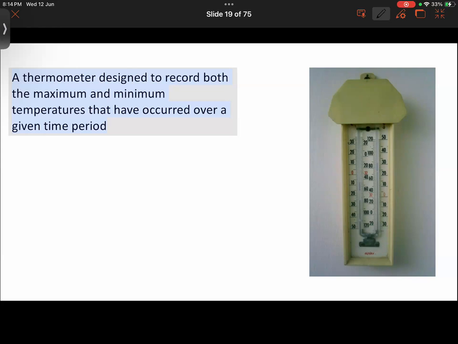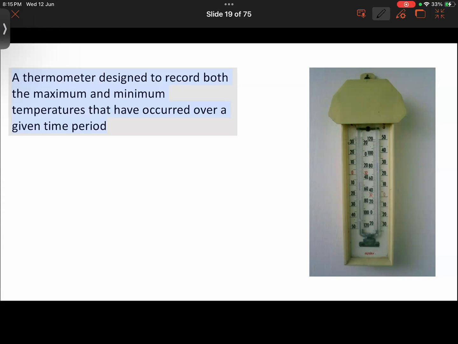But one important thing about this maximum and minimum thermometer is that it will tell you the temperature of a day before. For example, when weather reports are published on televisions and newspapers the next day, using this thermometer, it will tell you the maximum and minimum temperature of the previous day. Right now, it won't be able to tell me what the temperature of today is going to be.